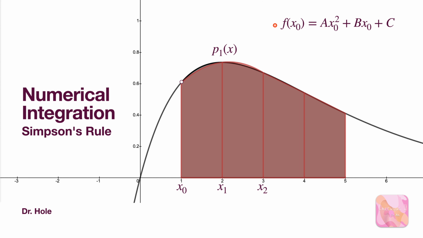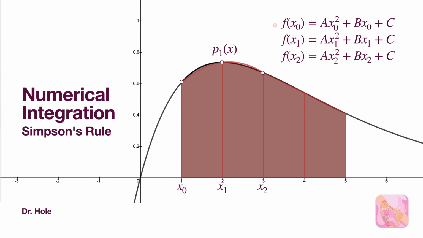We've written down 1 restriction, but we can come up with 2 more restrictions, that f at x1 will equal P1 at x1, and that f at x2 will equal P1 at x2. And then this is enough to allow us to determine the a, b, and c.